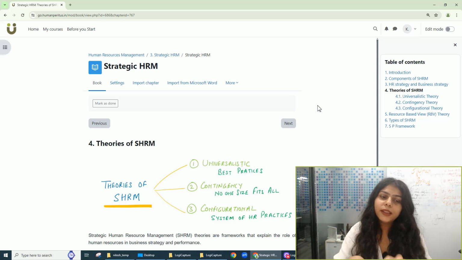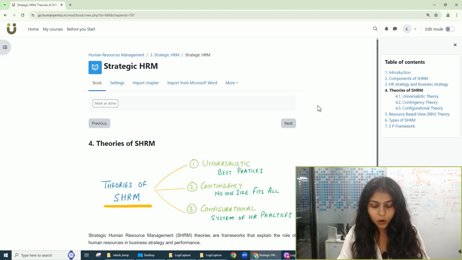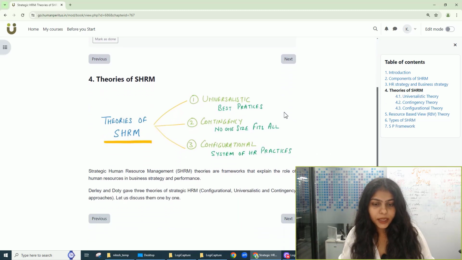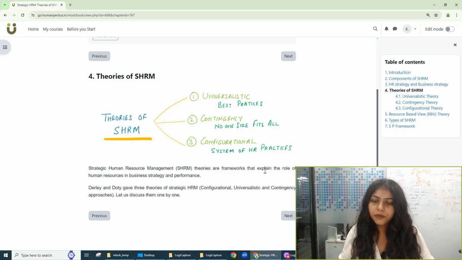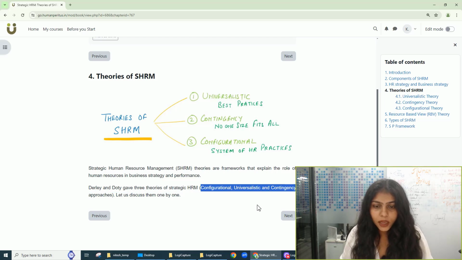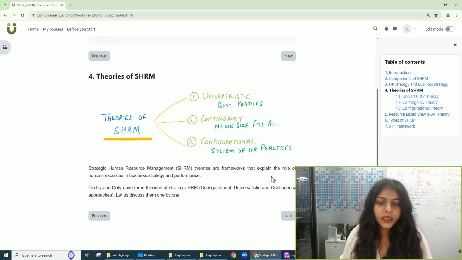These theories expand a little bit on how to carry forward that process. Or we can say these theories are frameworks that explain the role of human resources in business strategy and performance. Now, we have been given three theories: configurational, universalistic and contingency theories.